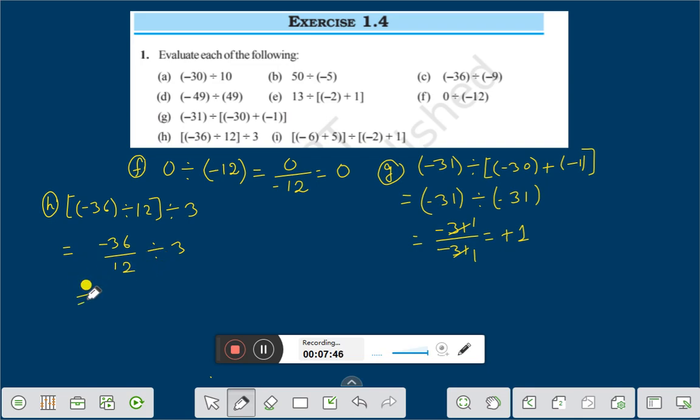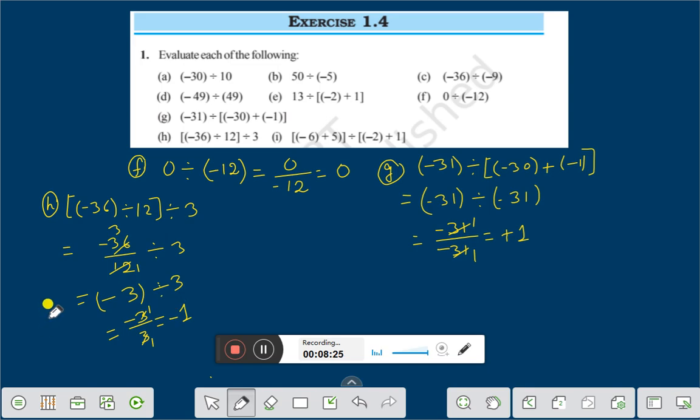You are getting minus divided by plus is minus. 3 12 is 36, minus 3. 12 3 is 36, minus 3 divided by 3. That is, you are getting minus 3 by 3, and minus divided by plus is equal to minus, and 3 will be cut by 1. That is, the answer is minus 1, right?